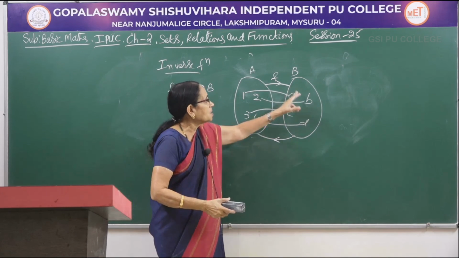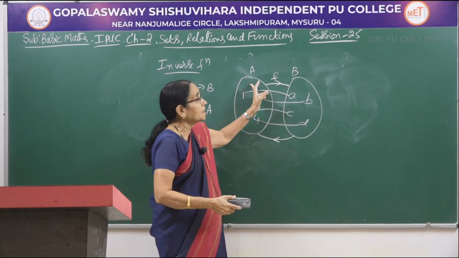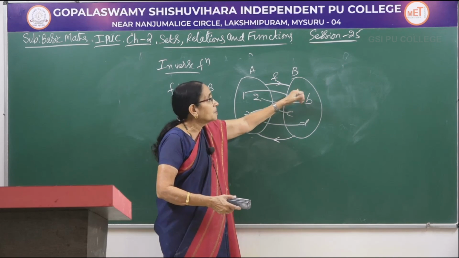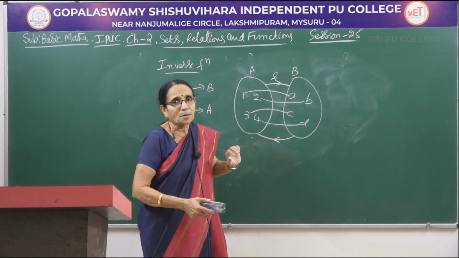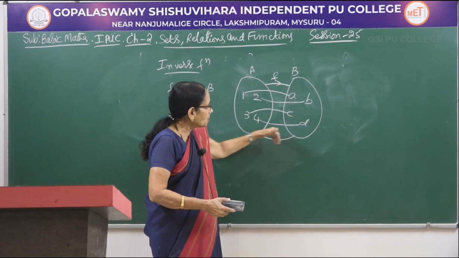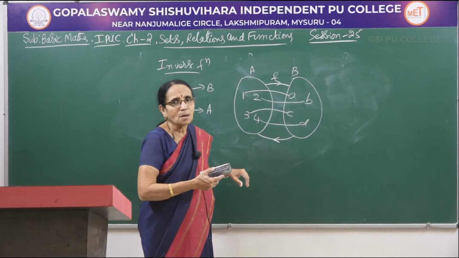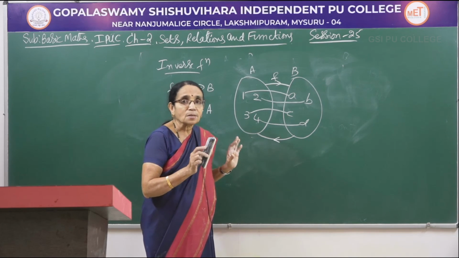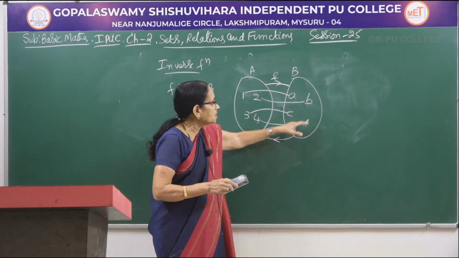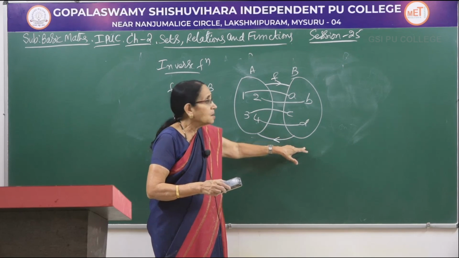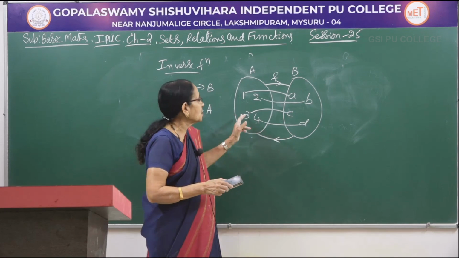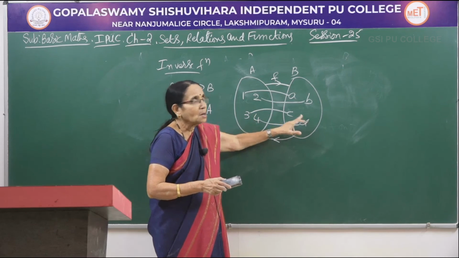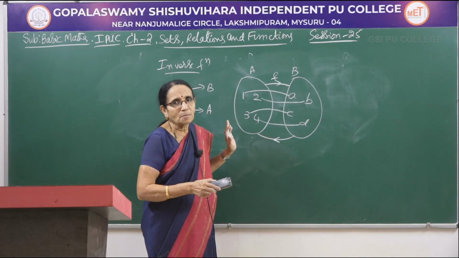That means, instead of taking A as the domain, this is the domain and this is the codomain. Suppose I take B itself as the domain and define a function from B to A, that is in the reverse order. Will it satisfy the definition of a function? Certainly it is satisfying. All the elements of the set B have unique images in the set A. So, this can be taken as the domain, and this will become the codomain.